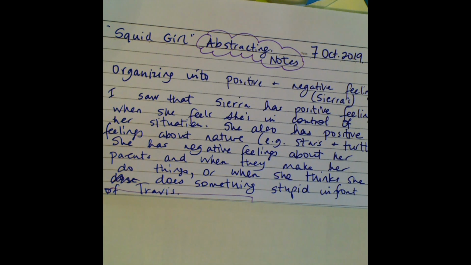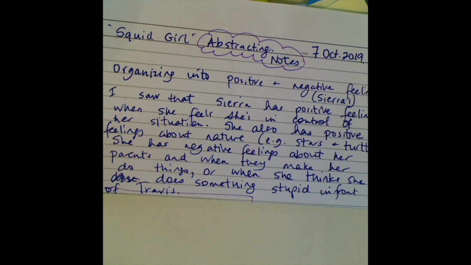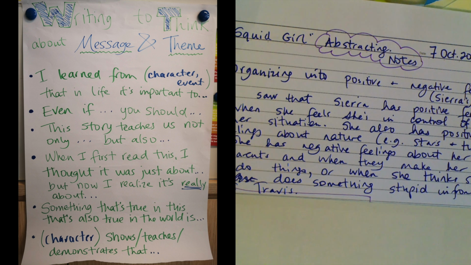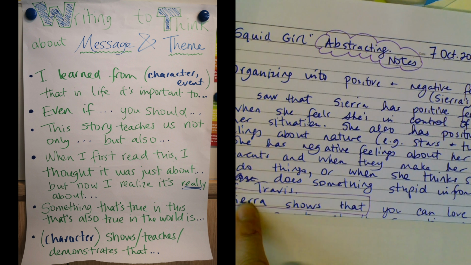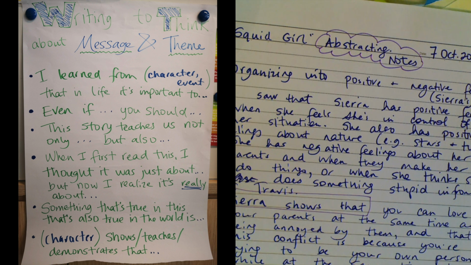So I'm going to look at this list of prompts that says writing to think about message and theme, because I'm really trying to get at those big ideas at the top. And I've chosen 3 of those to prompt me to think about message and theme. The first one is "the character shows that," and this is what I came up with here.